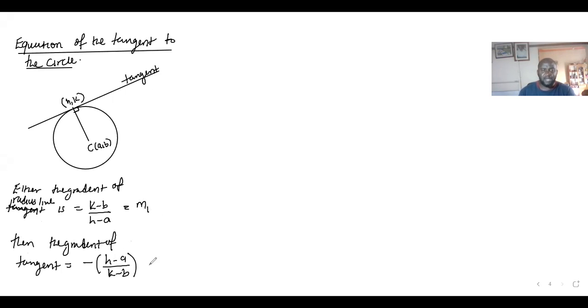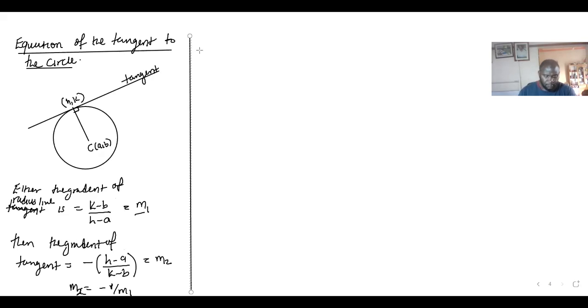If this is m1 and this is m2, then m2 is supposed to be equal to a negative 1 over m1. So when I divide this m1 down, the h minus a goes up, the k minus b goes down, but with a negativity. So if you have those two, then you can deduce the equation.